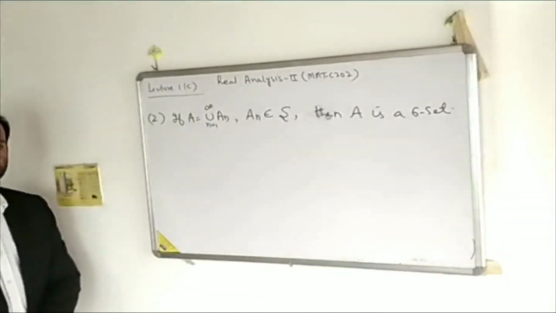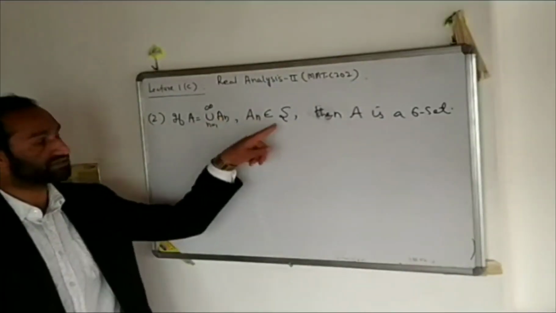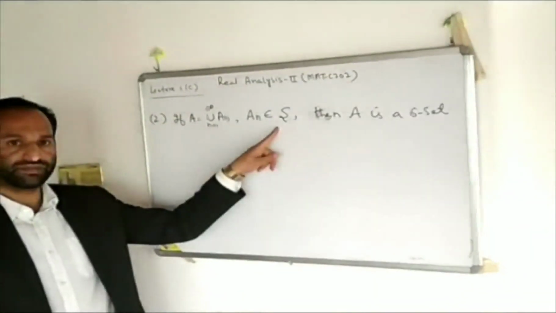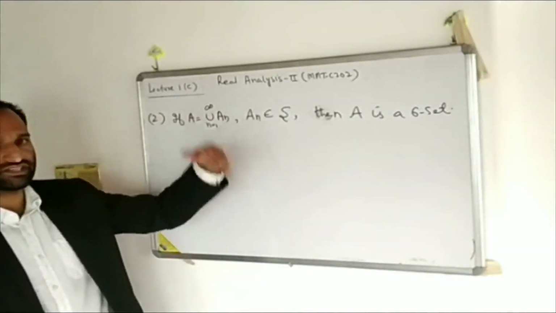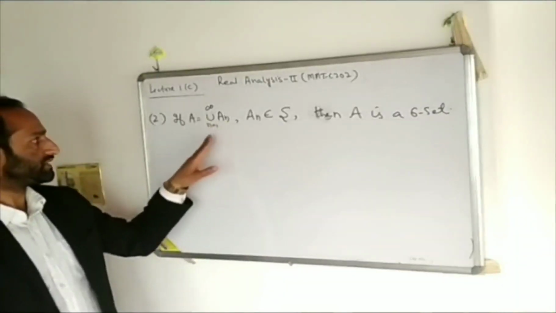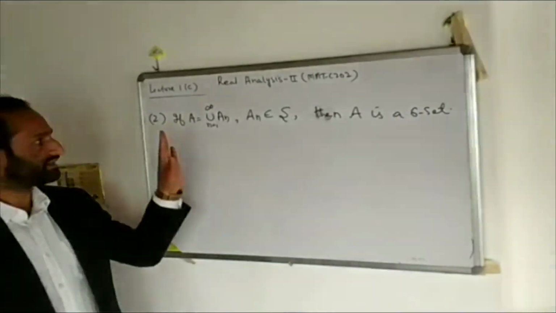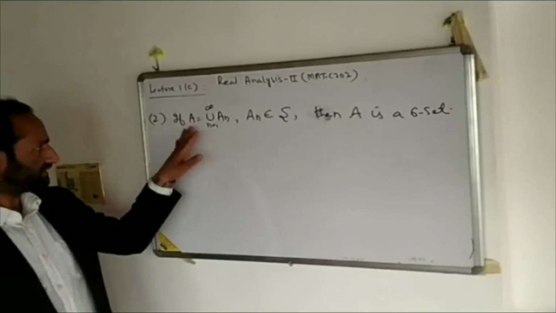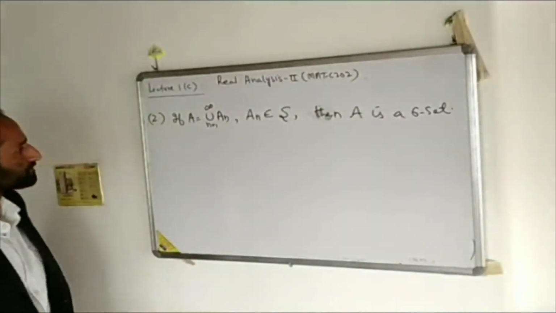So in this part we have to construct a new sequence of members of S. That sequence must be pairwise disjoint, and the union of the members of that sequence must be equal to union n runs from 1 to infinity of A_n. If we do that, then we are done, because in that case A is a sigma set.